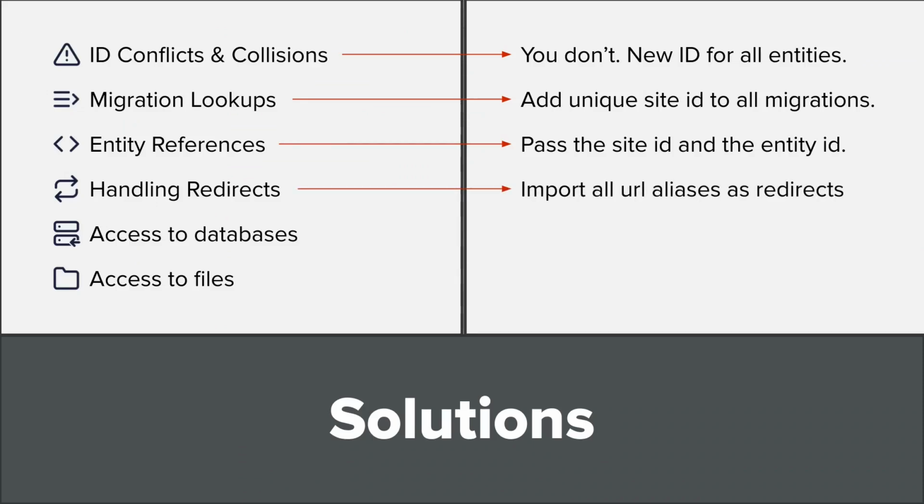And then for handling redirects, generally I've had a lot of success with using the redirect module. What we can do is migrate in all of your URL aliases and turn them into redirects, which is just an entity type. But you can do the same lookup, right?